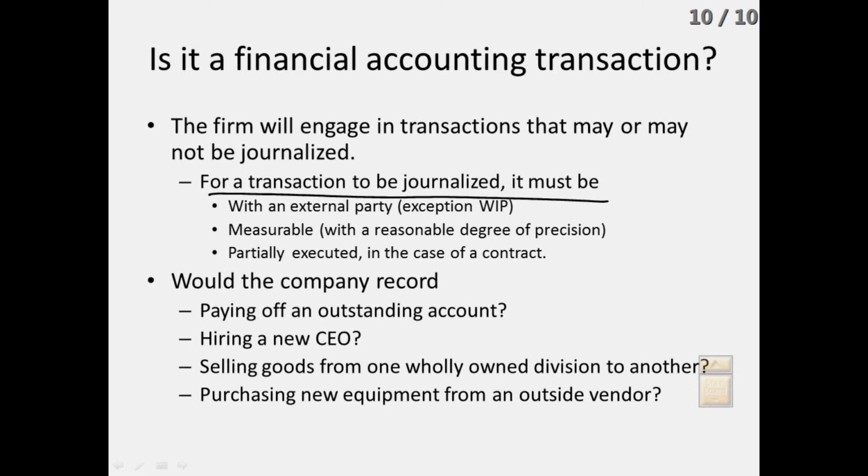Okay, so by that, I mean, let's say the company were to divide itself into Division A and Division B. And in Division A, they make tables. And in Division B, they sell tables. Okay? This is one company, though.